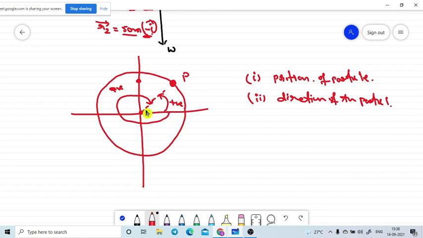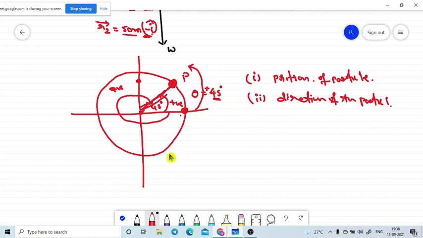Let us say this angle is exactly half of 90 degrees, which means it is 45 degrees. If theta is equal to 45 degrees, it tells us that the particle is located from the positive x-axis at an angle of 45 degrees, positive 45 degrees meaning in the anti-clockwise direction.